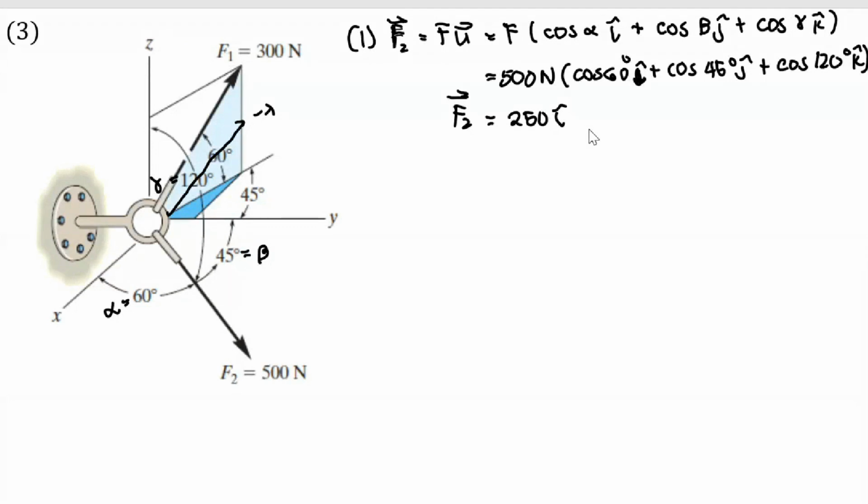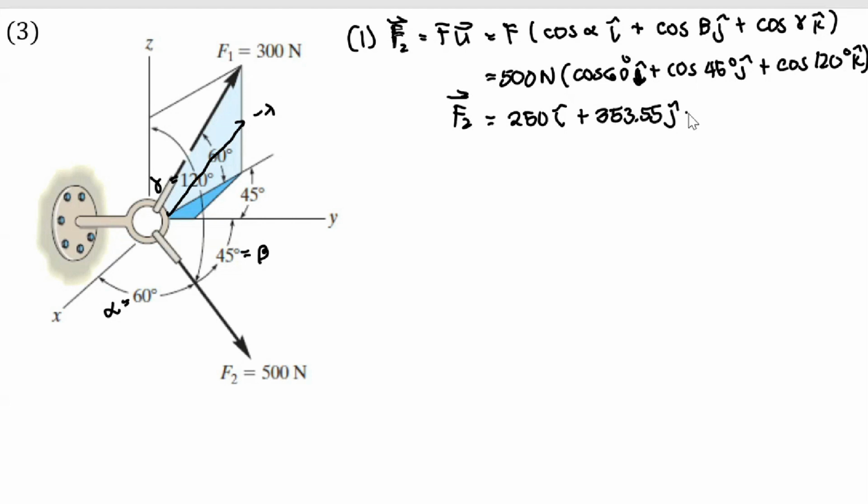What is 500 cosine 45? 353.55, and that would be j hat. Positive or negative? Positive, because its angle is less than 90. And what is 500 cosine 120? Negative 250.